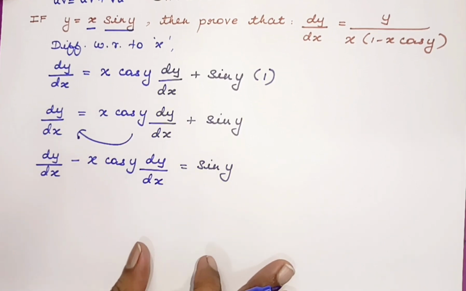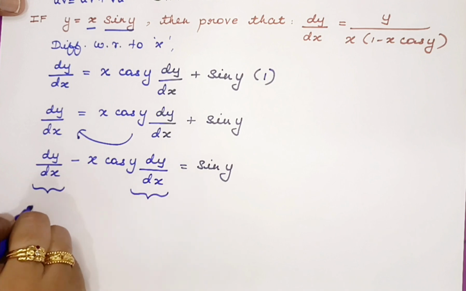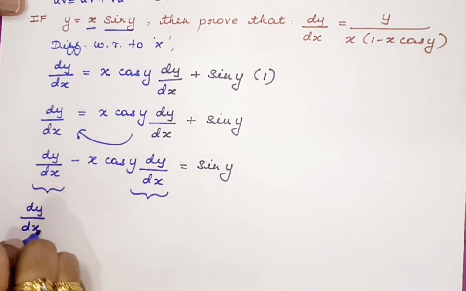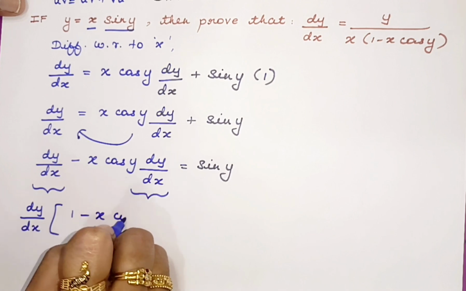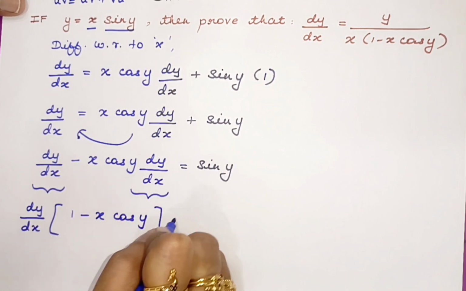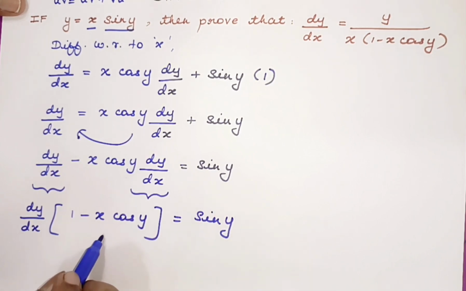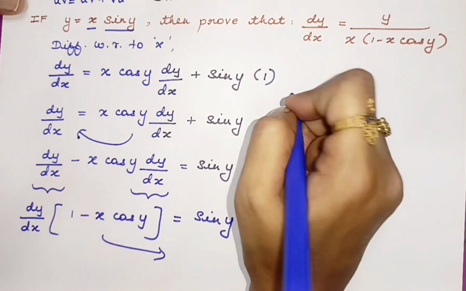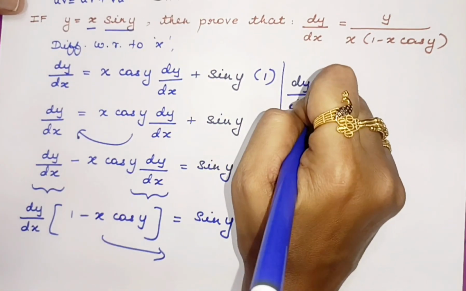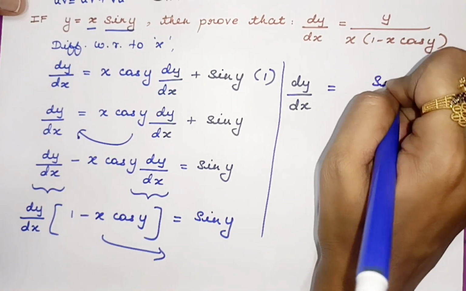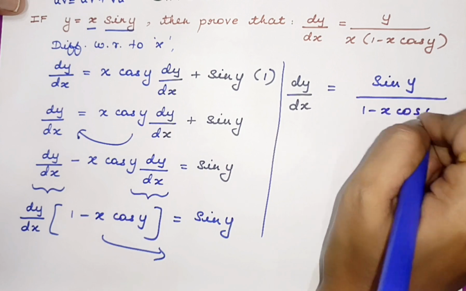In both of these terms, dy by dx is common, so I am taking it outside. Taking dy by dx common, we get 1 minus x cos y, equal to sin y. Now we need dy by dx alone, so I am taking this to the right hand side. So dy by dx is equal to sin y divided by 1 minus x cos y.